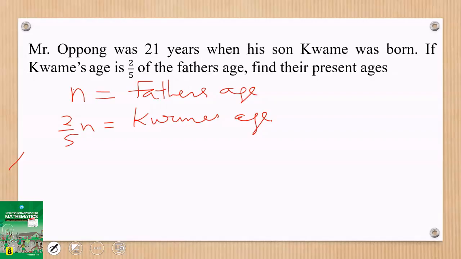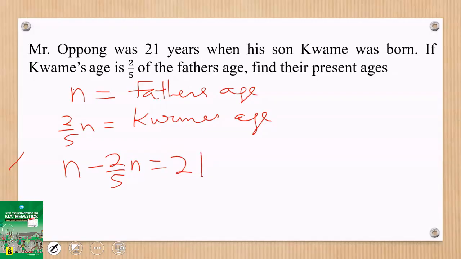Now, when Kwame was born, that means when Kwame was 0 years old, the father was 21. So if we take today's father's age and subtract Kwame's age, the result should be 21.